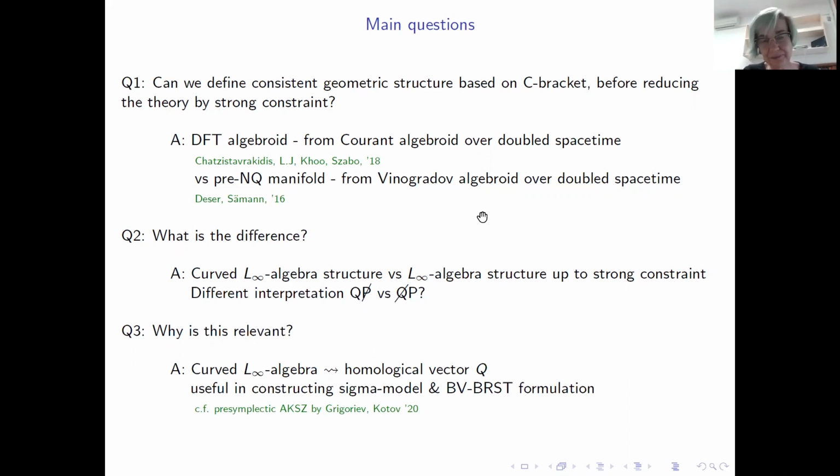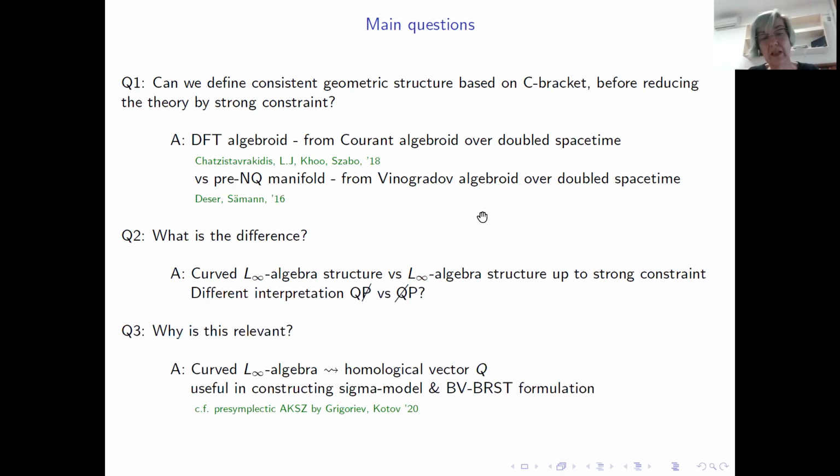For us, I think our repackaging of this data within the curved L-infinity algebra is relevant because now we can construct a homological vector Q, which will square to 0. And this is important if you want to include this symmetry structure in a field theory.